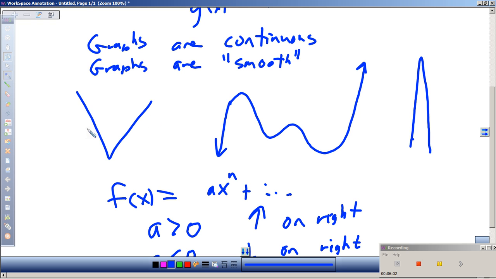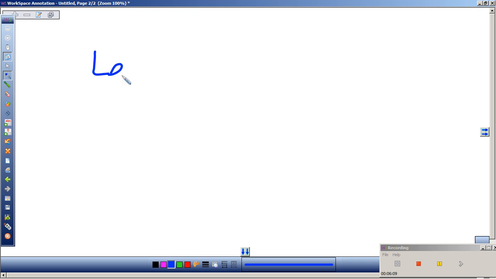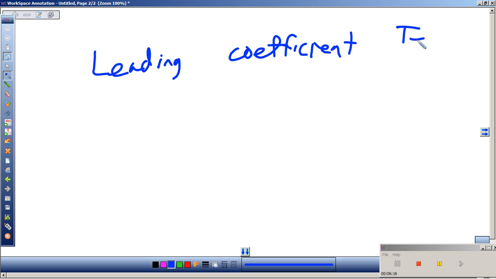Now, there's something called the leading coefficient test that you need to know. The leading coefficient test is for determining the end behavior, which is actually already discussed with us, and that's what's discussed on your paper.